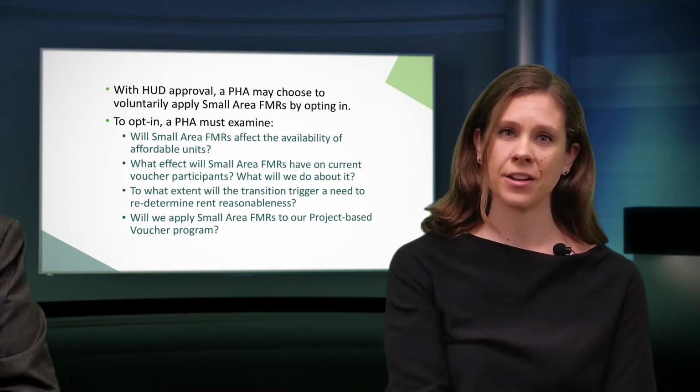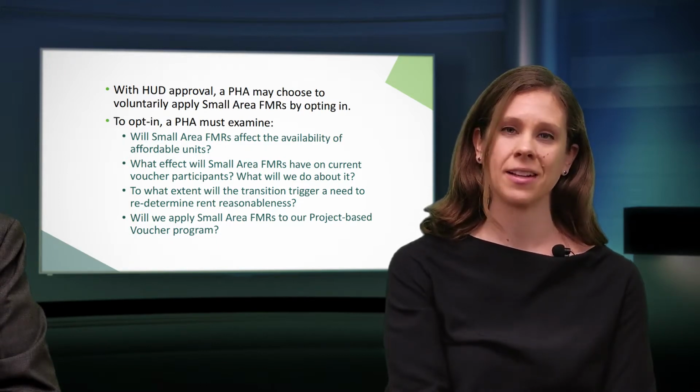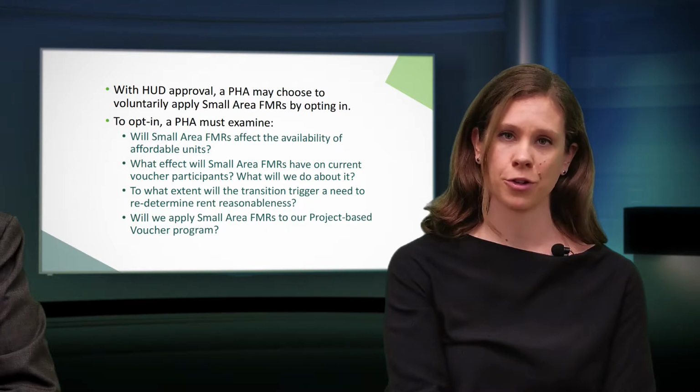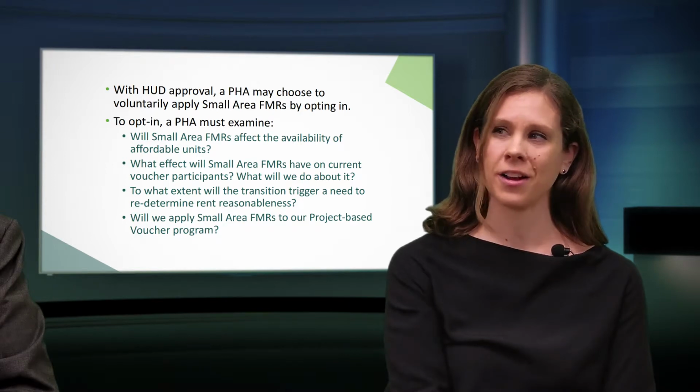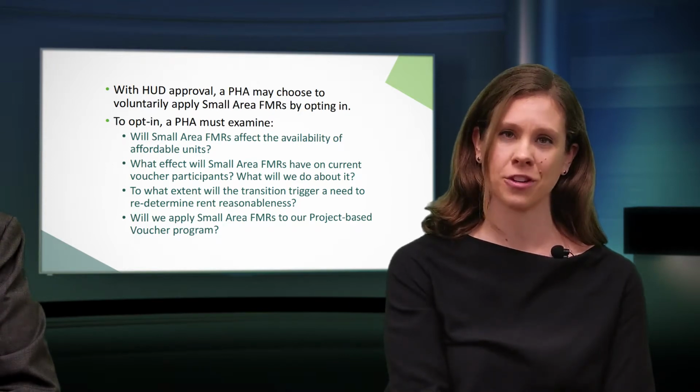Identify any areas where the difference between the metro area FMR and the lower small area FMR is exactly 10%. In this case, opt-in will therefore trigger the need for rent reasonableness redeterminations. Consider whether to apply small area FMRs to its project-based voucher, or PBV, program, if applicable.